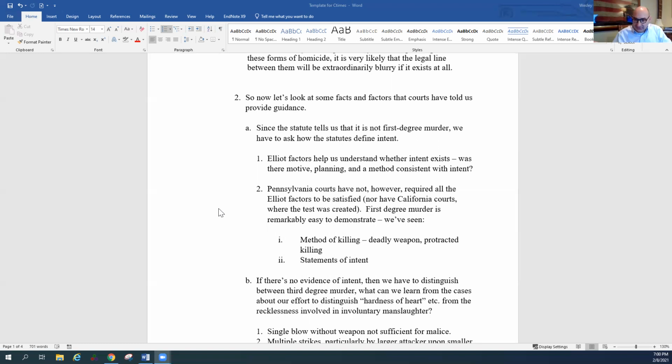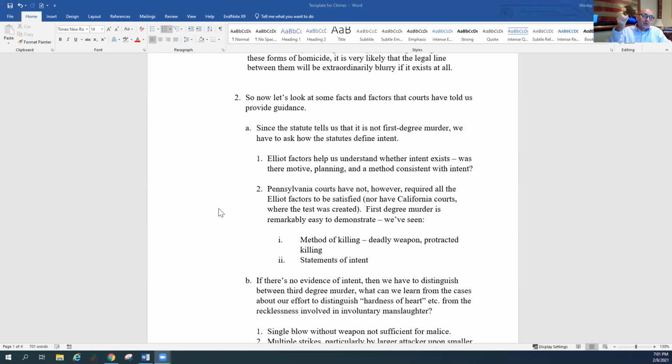We look at the Elliott factors, and the Elliott factors we know are motive, planning, and the method of killing that would suggest the intent to kill. And as we know, Pennsylvania courts and California courts, for that matter, where the Elliott test was developed, do not require all three of those to show the intent to kill. But we look at those as a guide to determine whether the intent to kill has been satisfied.